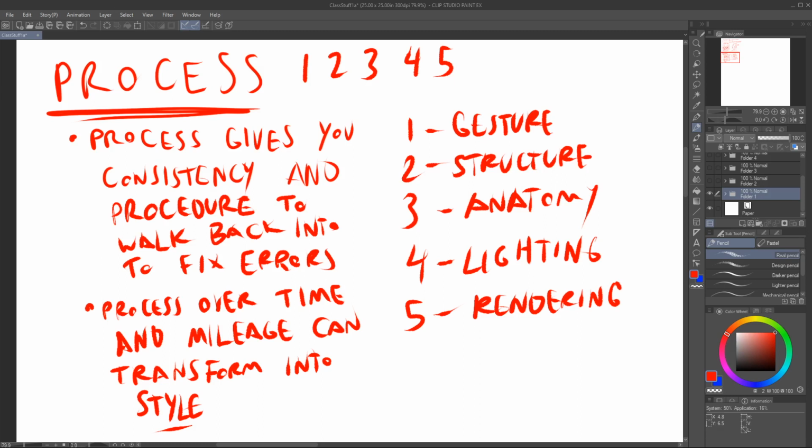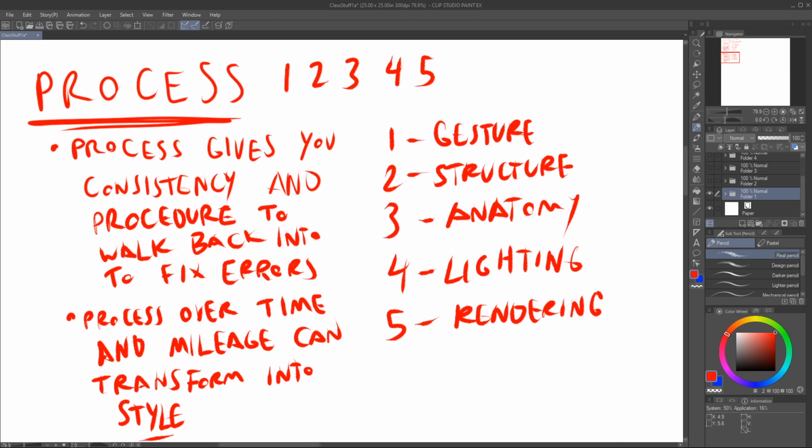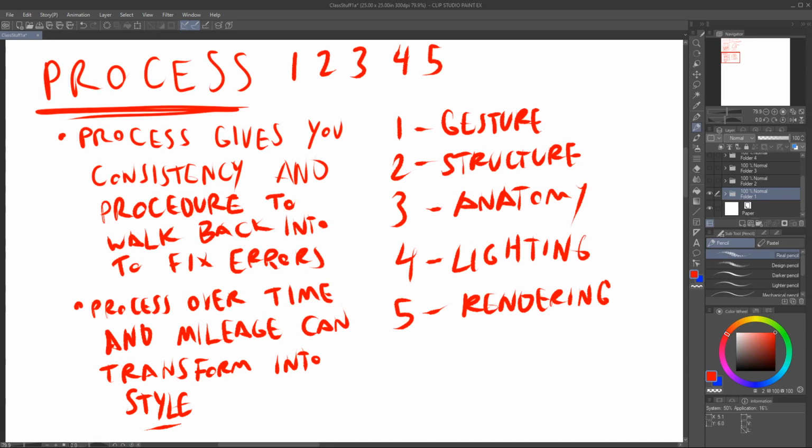In our case, here's an example of process. Although this isn't strictly how it follows, an example is you start drawing with gesture, and when you get the gesture pretty well done, you move on to structure, or structure and form. Then when you get the structure pretty well defined, you move on to anatomy. Then when you get the anatomy pretty well defined and described, you move on to lighting.